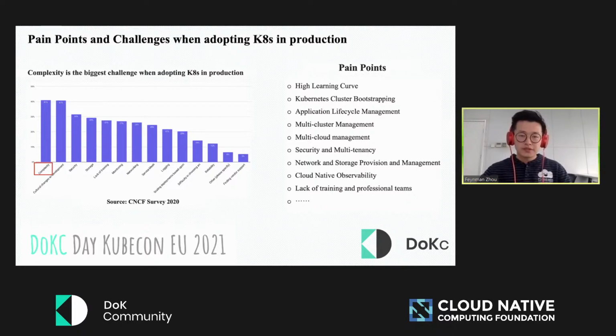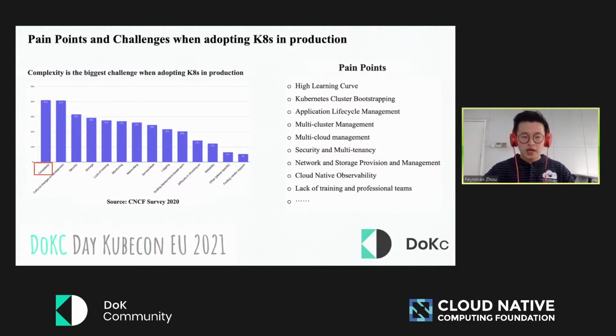On the other hand, Kubernetes cluster bootstrapping has never been an easy thing. If you want to set up a highly available cluster in production, you may take 1 or 2 days to explore and find the best way to set it up.